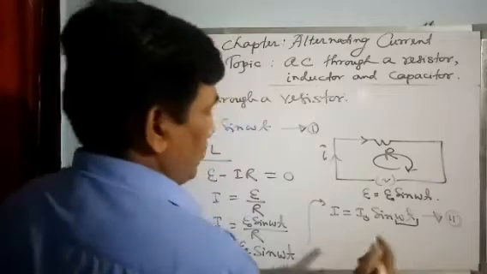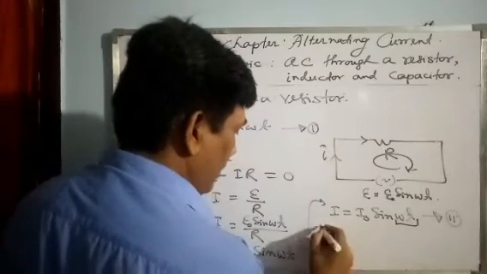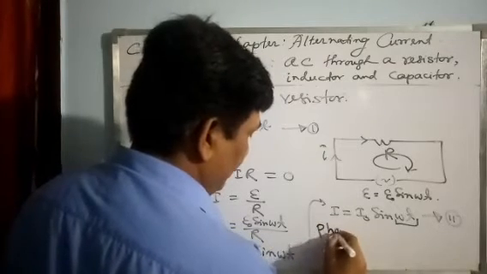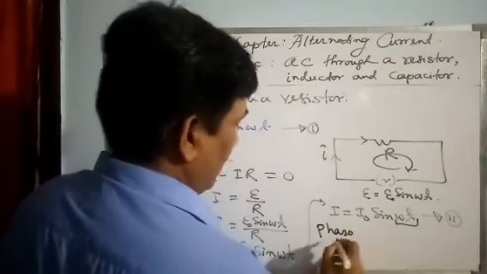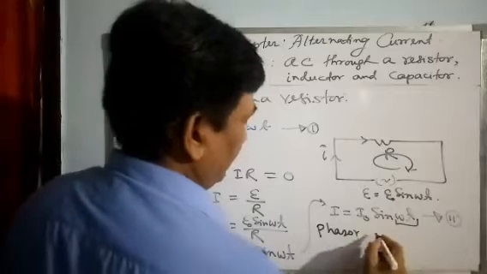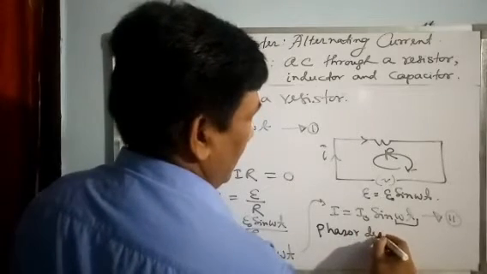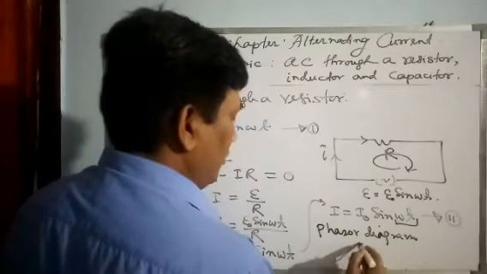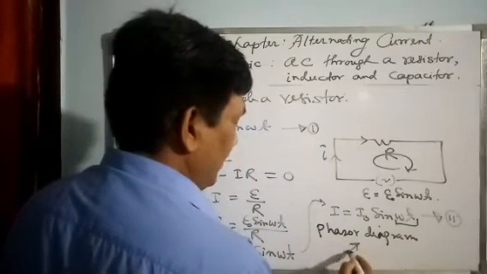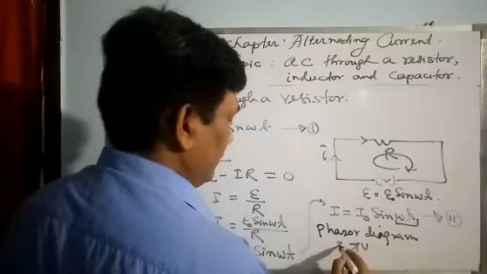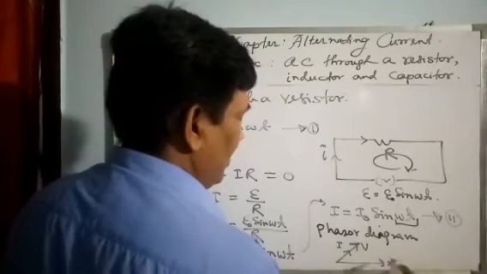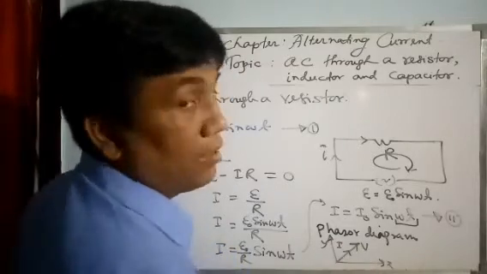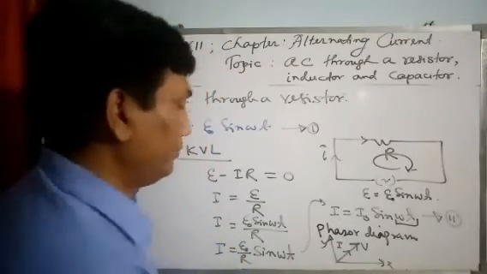Okay. So what will be the phasor diagram of this? Just voltage and current will be overlapped. If it is voltage, it is current. So this is the x-axis, this is the y-axis. Voltage and current both are overlapped. Are you getting it?